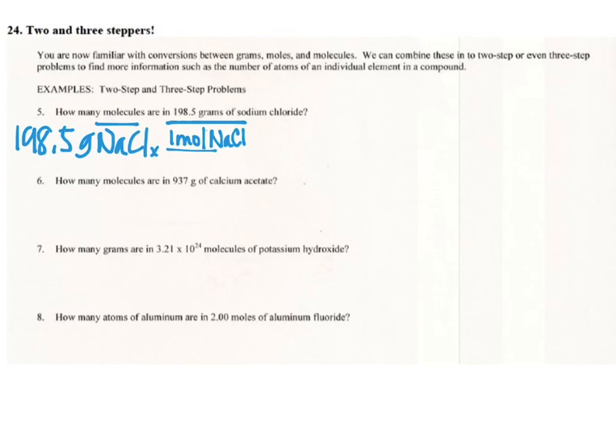So we're going to put this into a 2-step process. So how many molecules are in 198.5 grams of sodium chloride? So we know that we have 198.5 grams of sodium chloride. And a while ago, did we find the mass of sodium chloride as 58.44? So in 1 mole of sodium chloride, the mass is 58.44 grams.